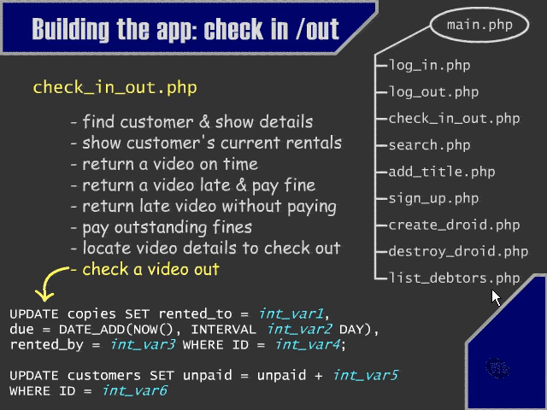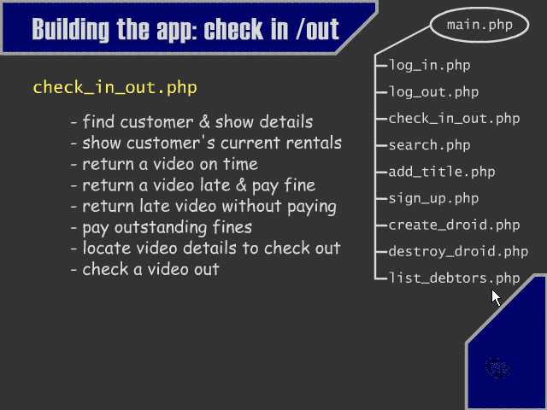This will be paid for in the next round of the check in out script when the customer's unpaid is restored to 0. Here we're able to count the total of all the videos that have been checked out and the amount they cost, and we're able to add that to the customer's unpaid information.